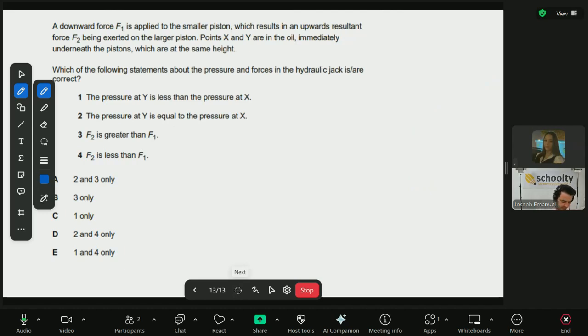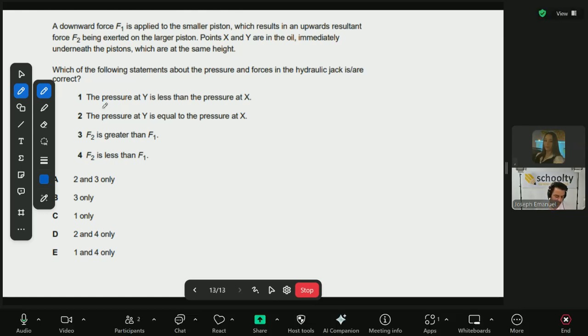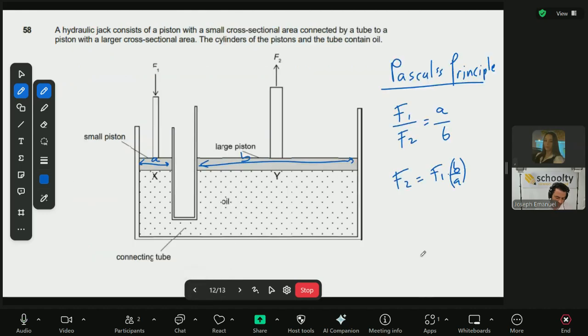So let's see number 1. The pressure at Y is less than the pressure at X. No. It's a point, yeah? No. So the pressure on these points X and Y are equal.